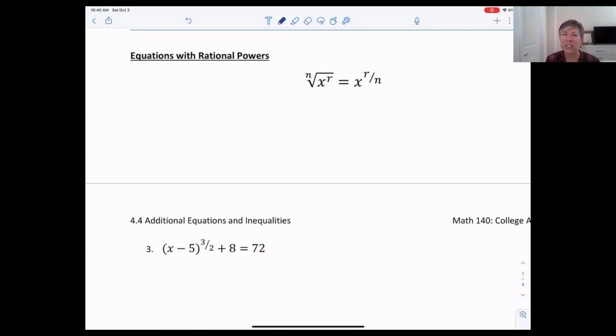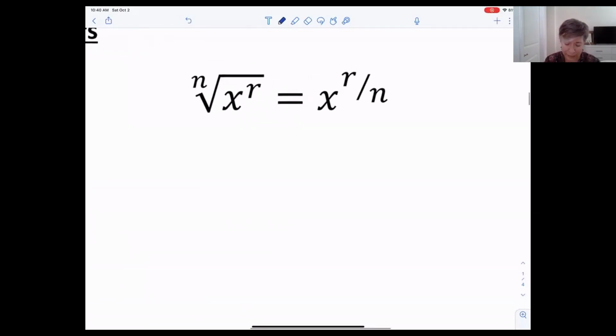So I know it seems almost like doing it in reverse, but we've actually seen square roots before, but you may not be that familiar with rational powers. If you have a rational power like this, it's actually representing some radical. If you have the nth radical, and again, this n is what we call the index. So that tells us if it's a square root or cubed root or fourth root.